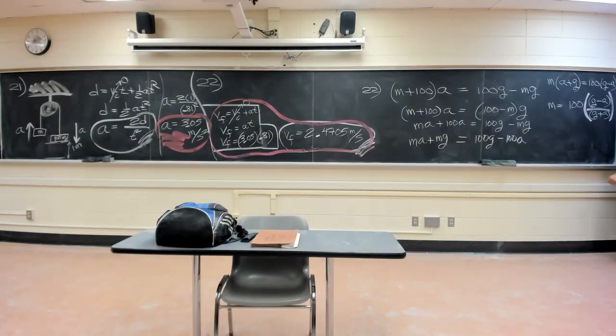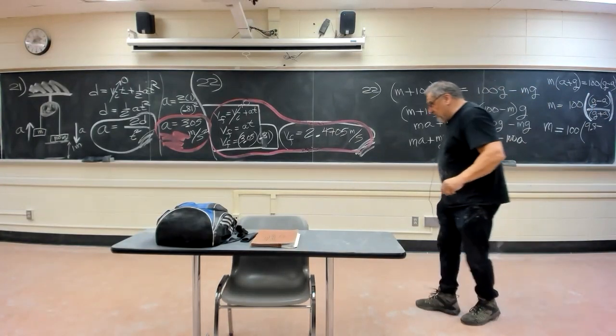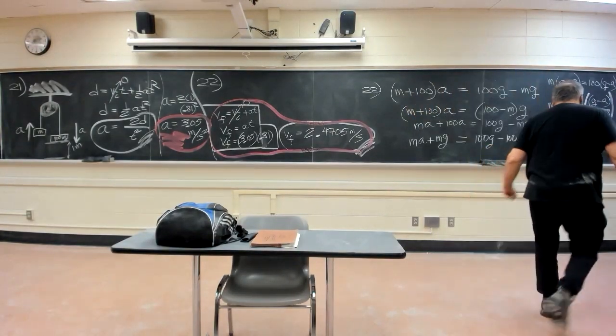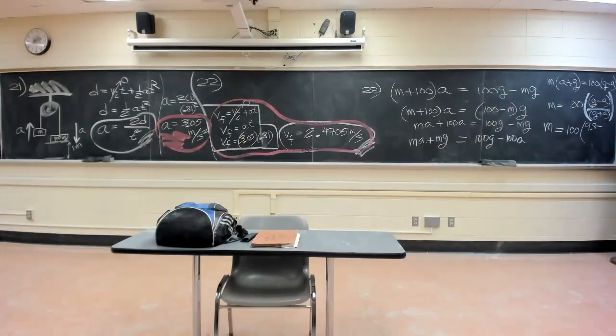So we got this. This is going to be 100. Whatever we got here, we got 9.8 minus what we said that was, which is 3.05. And here we got 9.8 plus 3.05. Okay, it's a little bit of a mess.